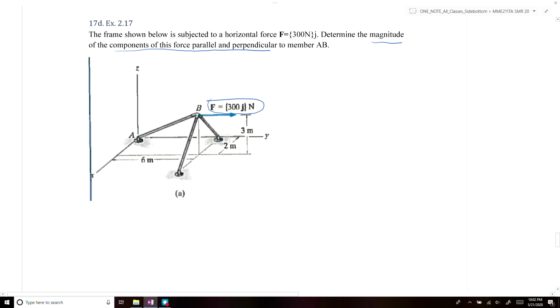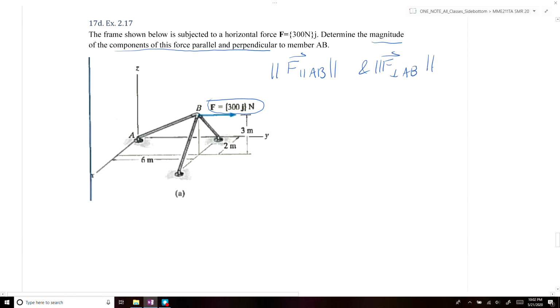We want to determine what components of that force are parallel with member AB, and what the magnitude of the component that's perpendicular to AB is. So you want to determine the force that is parallel with AB, and the force that is perpendicular with AB.